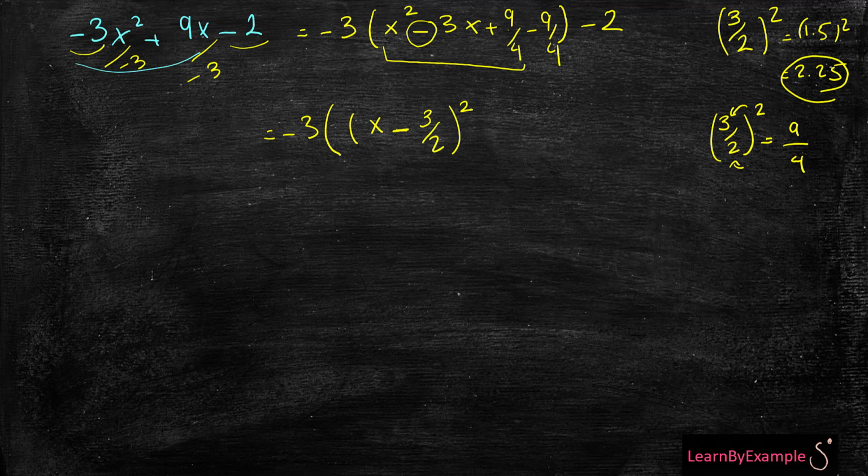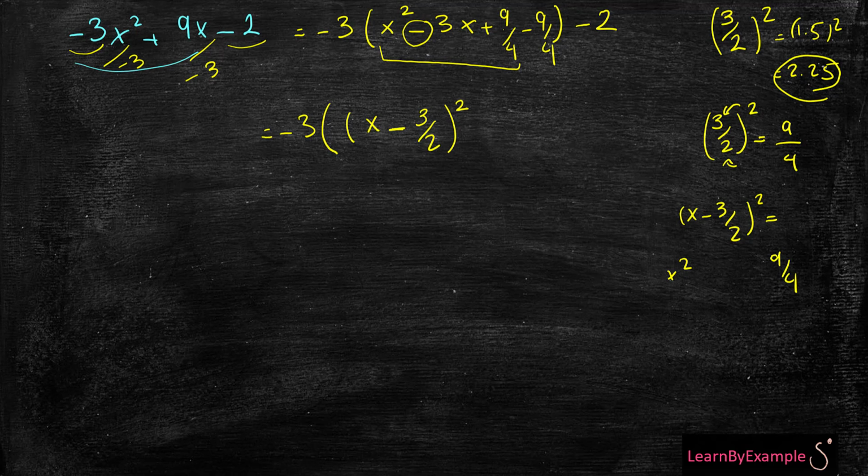Because if I have x minus 3/2 to the power of 2, I will have x squared plus this last term to the power of 2, which is 9/4, and the middle term would just be the coefficient of x, which is 1, times the last term, which is -3/2, times 2 times x, which is going to be -3x in the middle and then my 9/4.